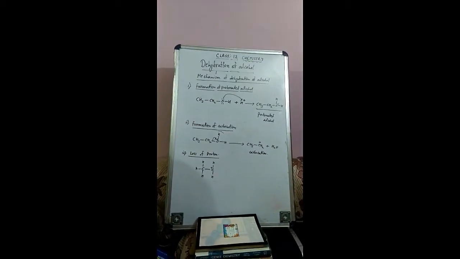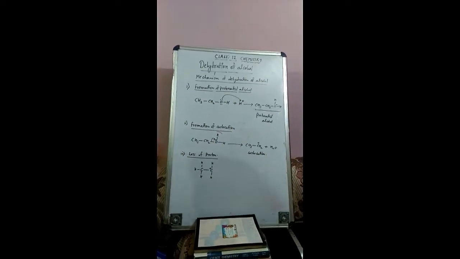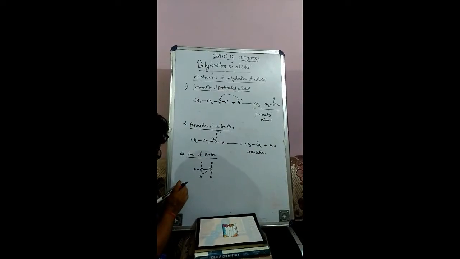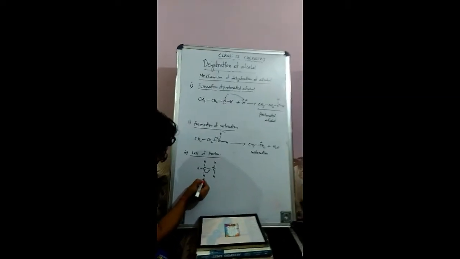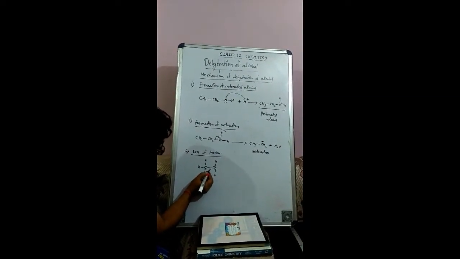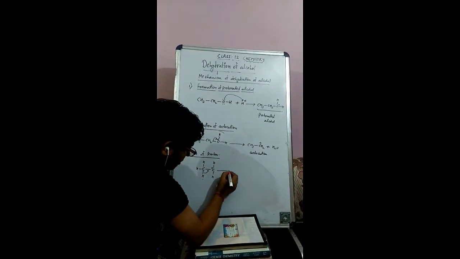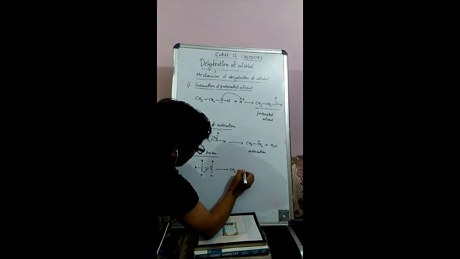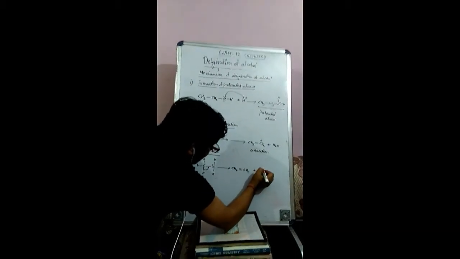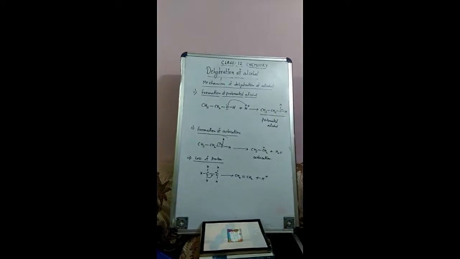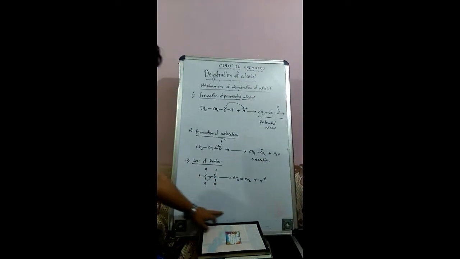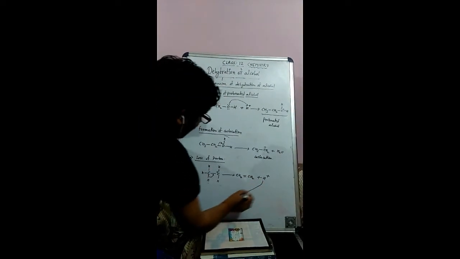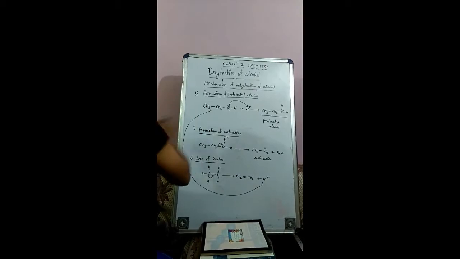That means this bond will give its electron to this carbon, so this hydrogen ion is eliminated from here, and that is how we get the double bond. So this is CH2=CH2, and this hydrogen ion is eliminated from here. This hydrogen ion can again be taken by another alcohol molecule and start the mechanism of this process again.